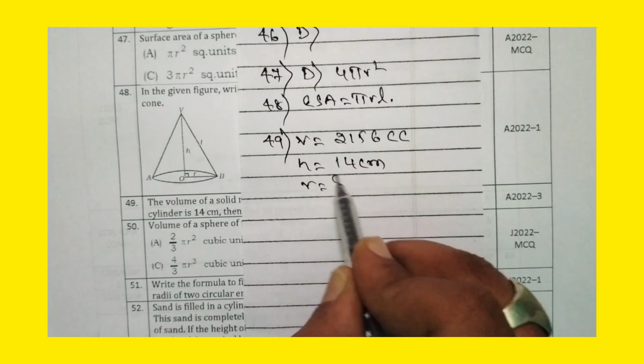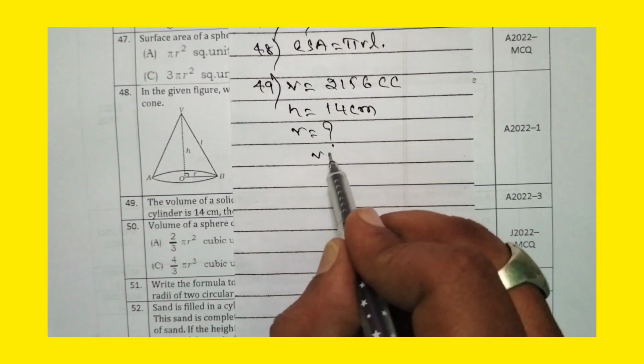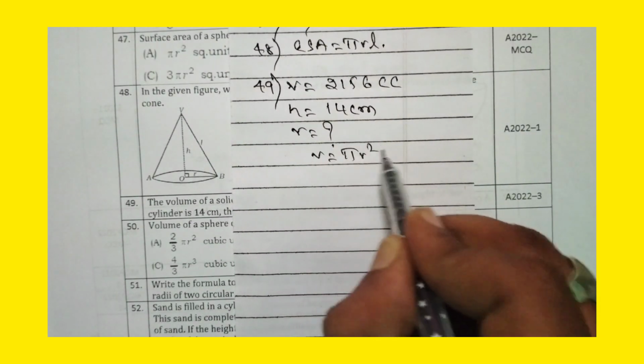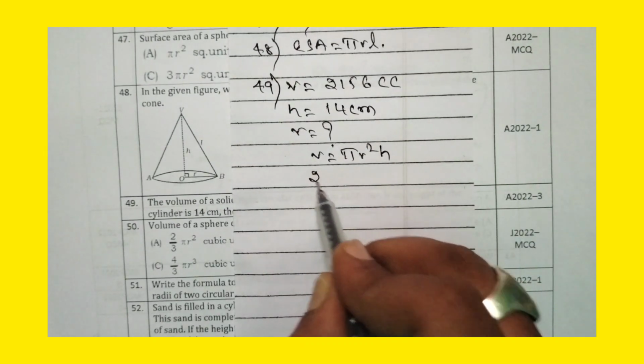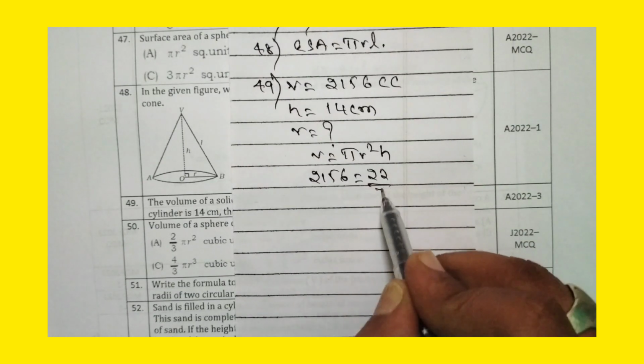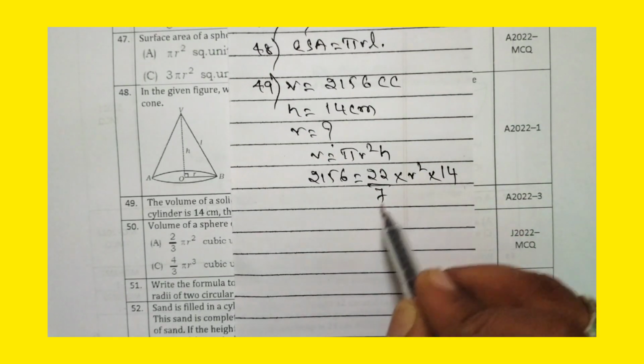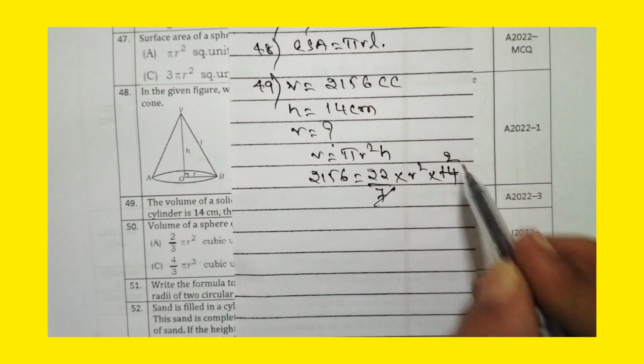Now let us find out the radius first. Volume of a cylinder is equal to pi r square h. So 2156 is equal to 22/7 into r square into h, that is 14. 7 ones 7, 7 2s.